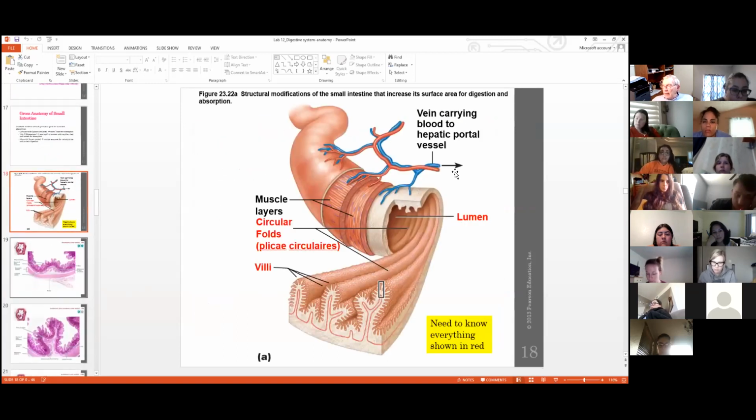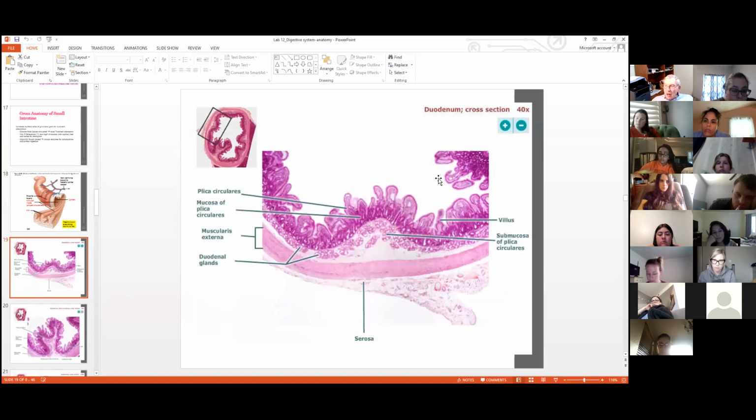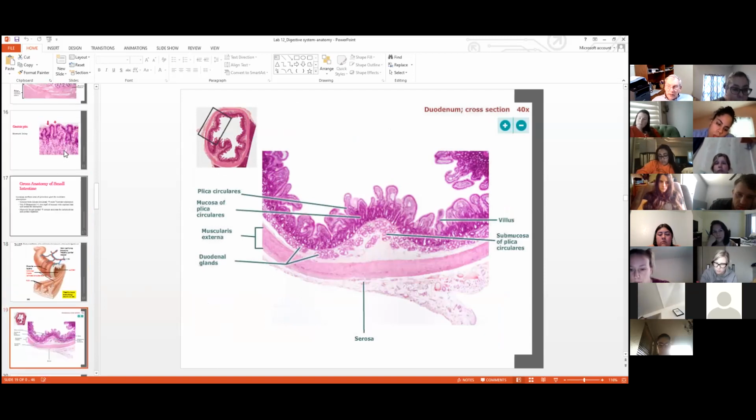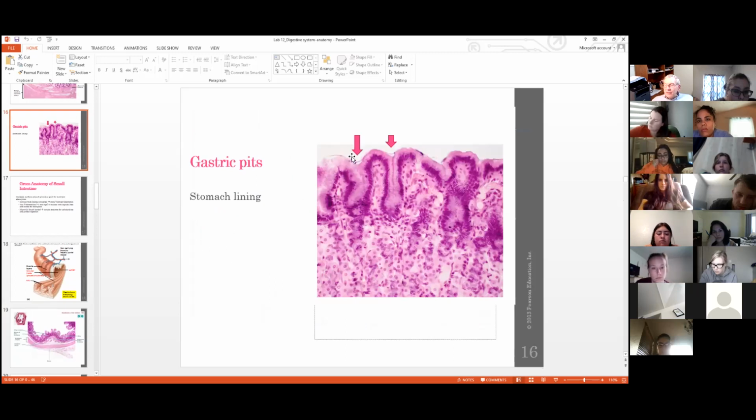So be able to recognize that this is the lining of the small intestine and not the stomach. I think that one's easy. Recognizing that the stomach is not the small intestine is probably the more difficult one. We have to see that this is not really villi here.